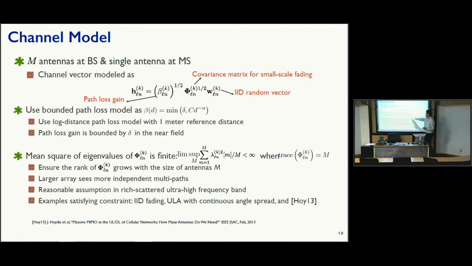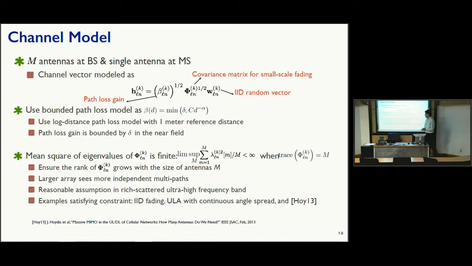We add some constraint on the covariance matrix Phi. We assume the mean square of the eigenvalues of Phi is bounded. Intuitively, we upper bound the variance of the eigenvalues of Phi, which means we consider there are sufficient scatterers in the space such that no dominant path is observed by the base station.